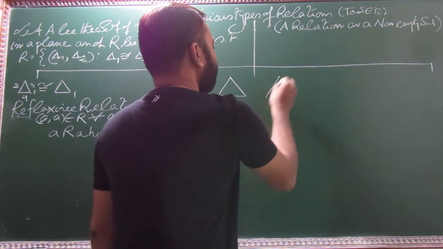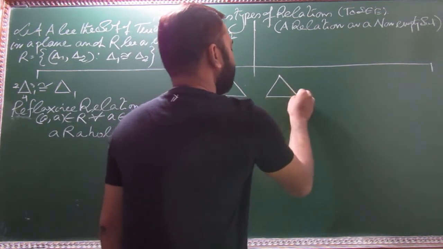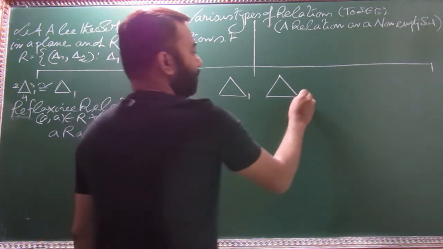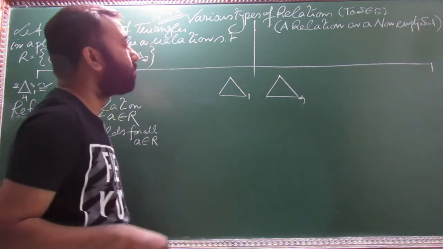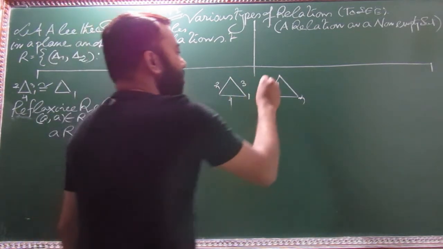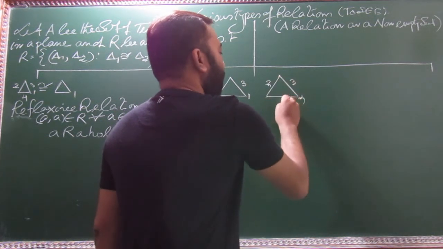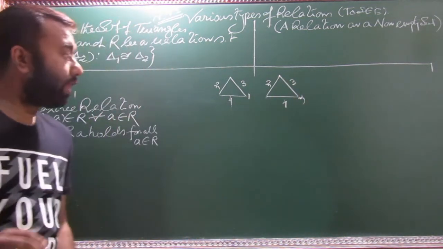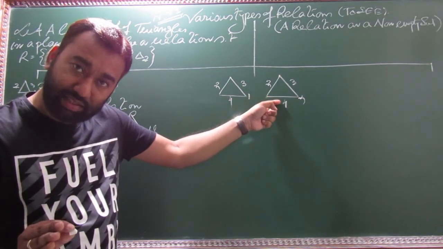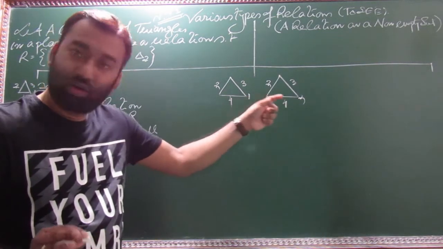I am going to consider another triangle. This is del 1 and this is del 2. This is of 2, 3 and 4 centimeter, and this is also of 2, 3 and 4 centimeter. Now both are of same shape and same size, so both are congruent.